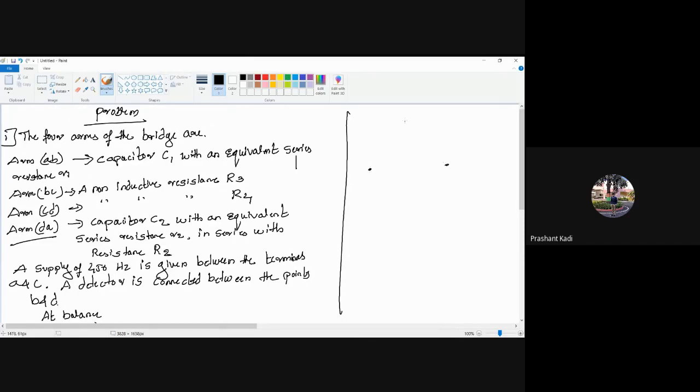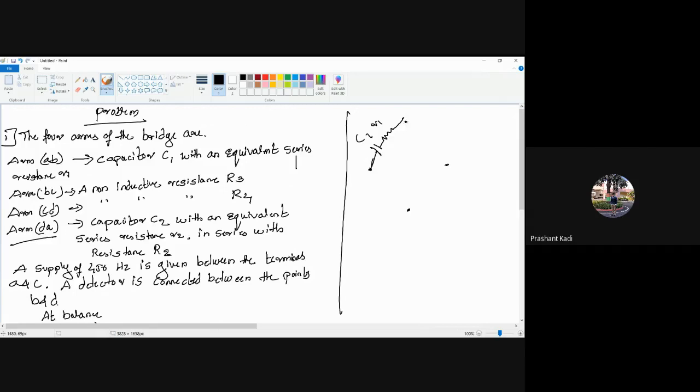We'll draw here. Arm AB is a capacitor C1 with an equivalent series resistance R1. These two elements are connected in series. Right.